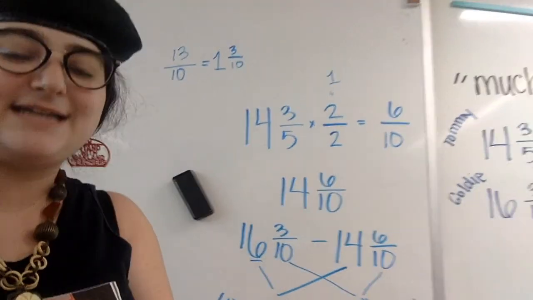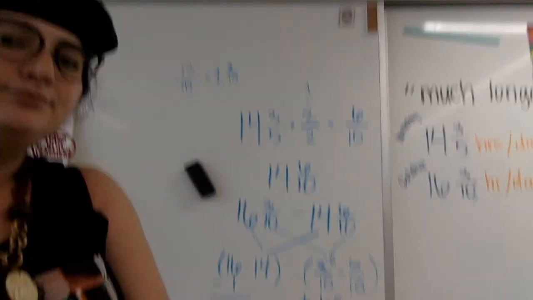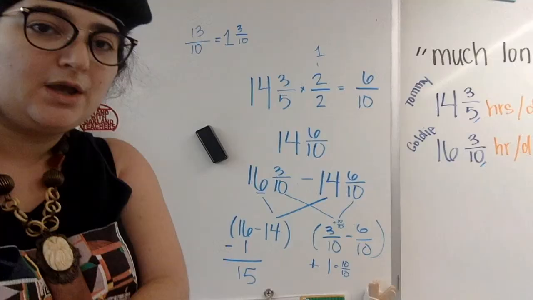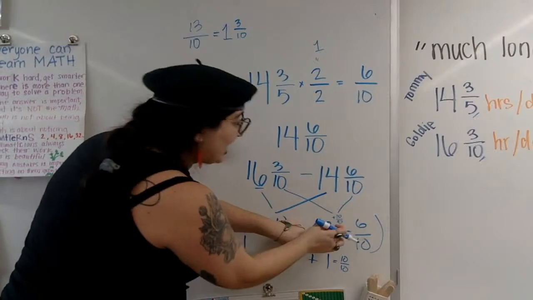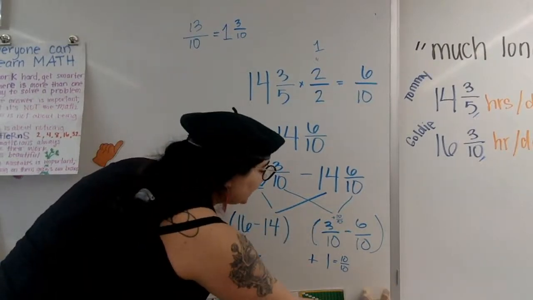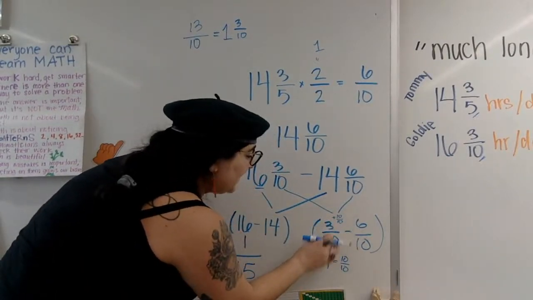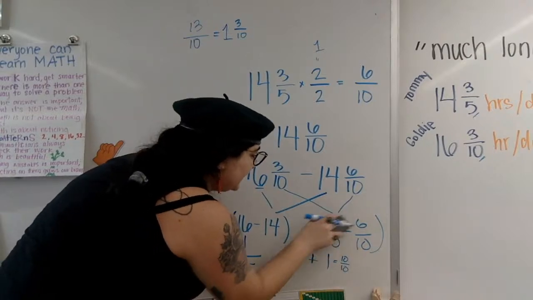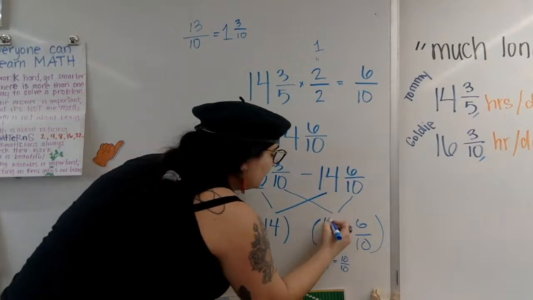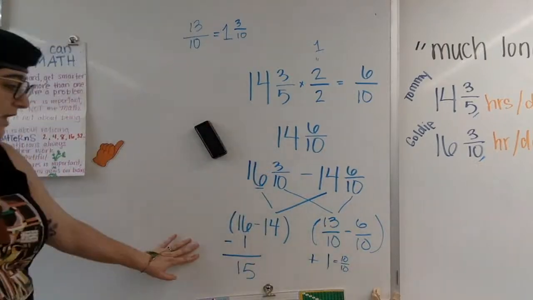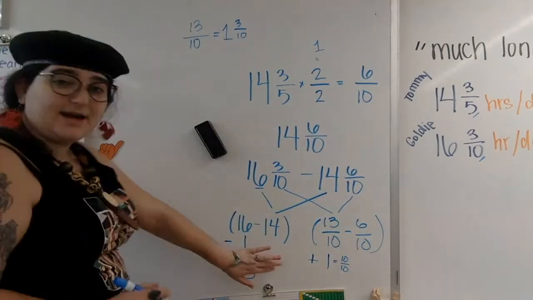So when I come back down to take a look, I can tell that I'm going to add that up, okay? So that's actually not going to be 3/10 plus 10/10. It's going to be 13/10. Okay, I can do some subtraction now. So what is 15 minus 4?